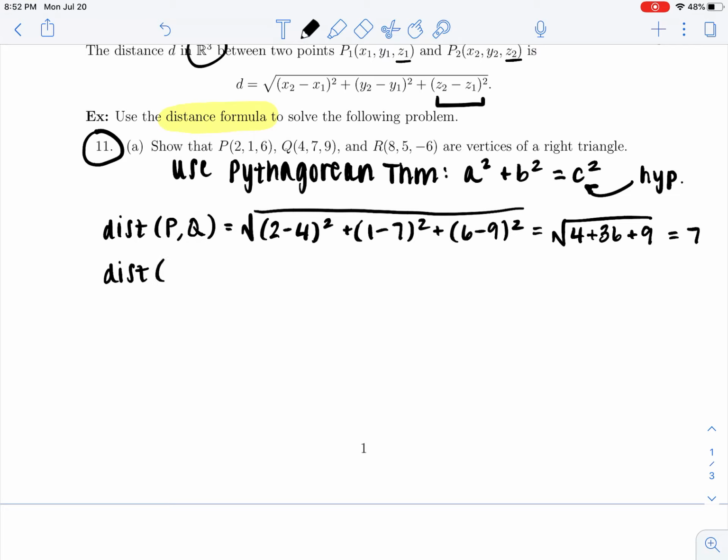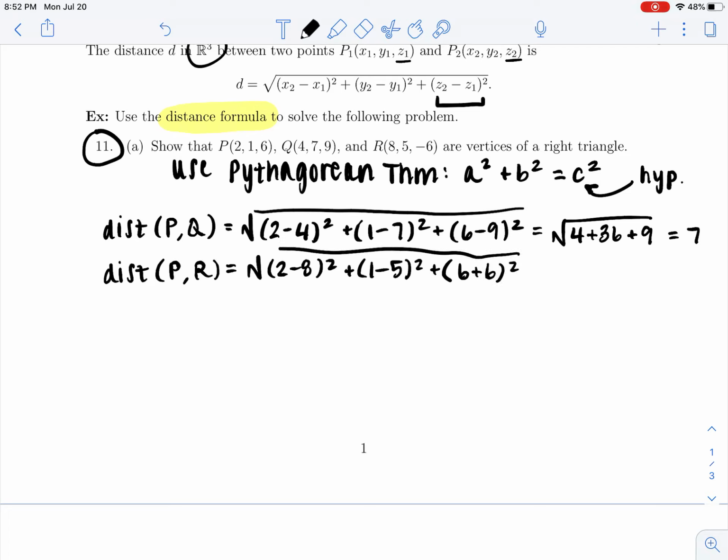I'm just going to choose to find the distance between P and R. All right, so from P to R we have 2 minus 8 squared plus 1 minus 5 squared plus 6 plus 6 squared. We had that double negative there, turned us to a plus.